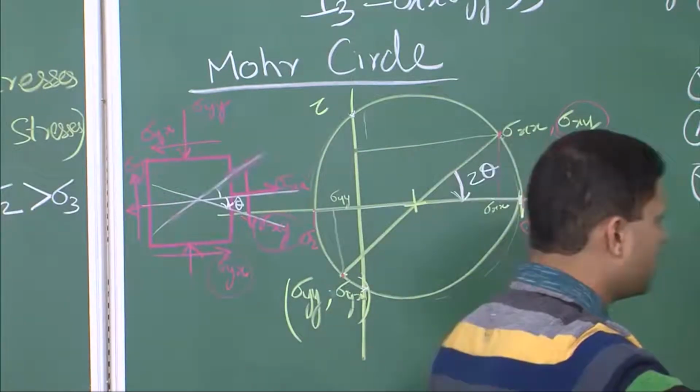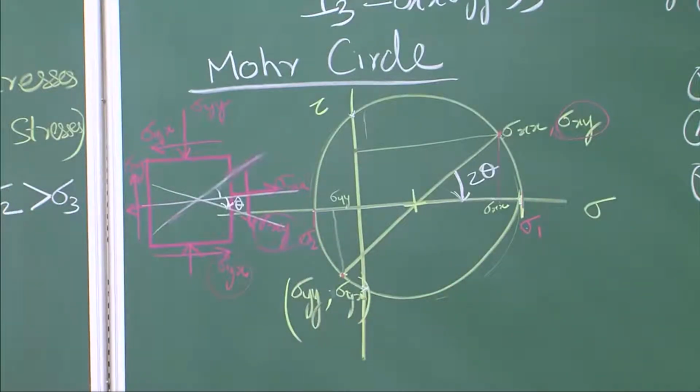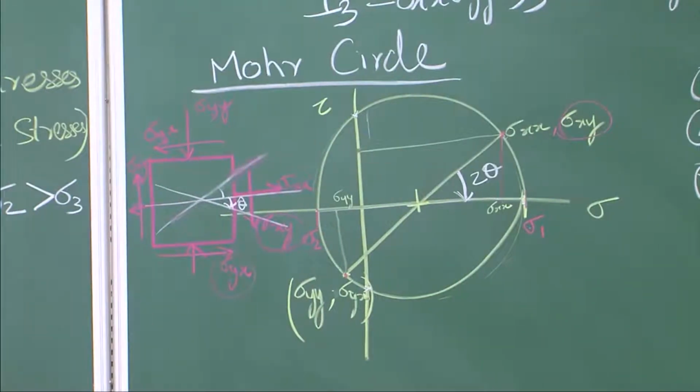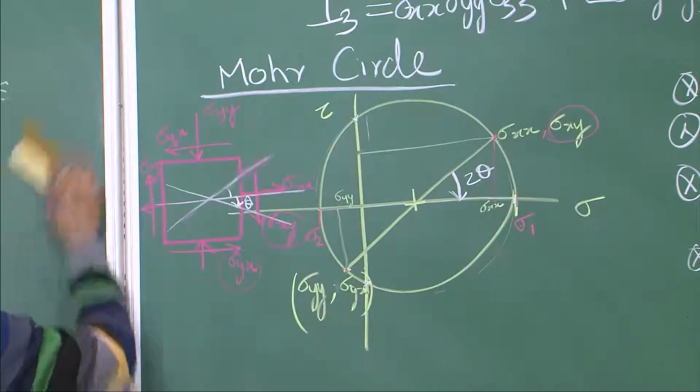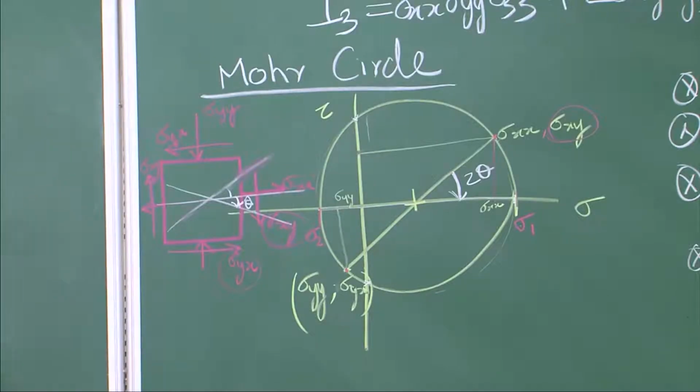Now, before we move on, let us look at a case we talked about earlier, where we were rotating the element by a certain angle and we saw that at 90 degrees there did not exist either a normal stress or a shear stress. Remember, we were talking about it in the previous lecture.